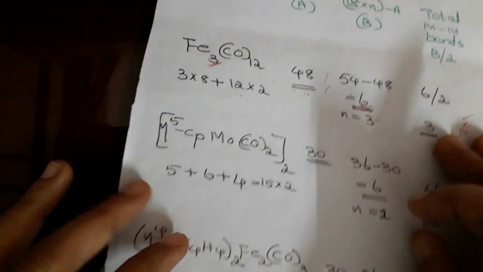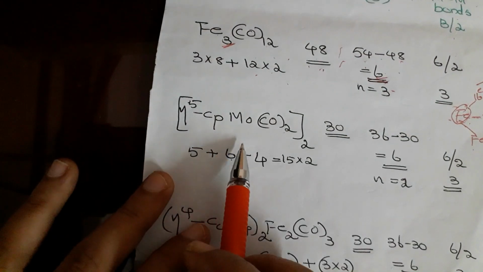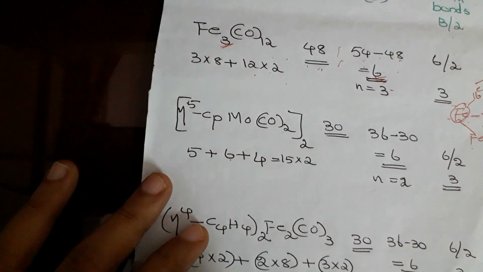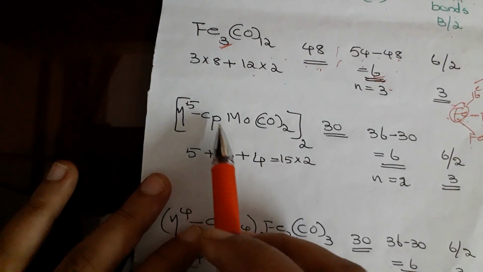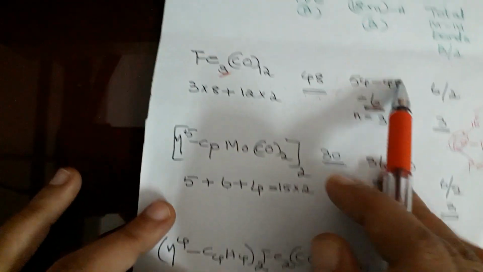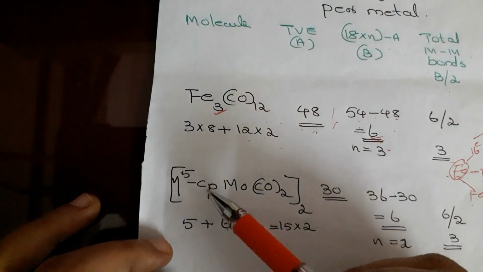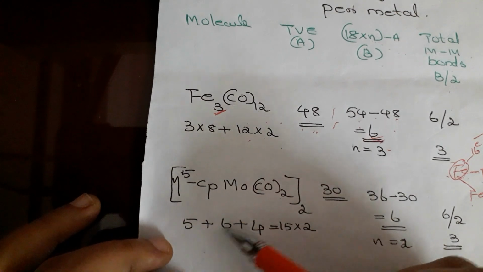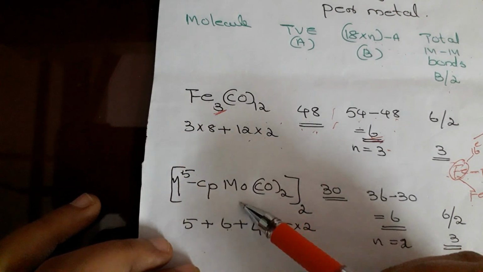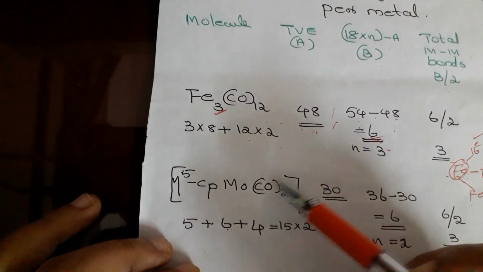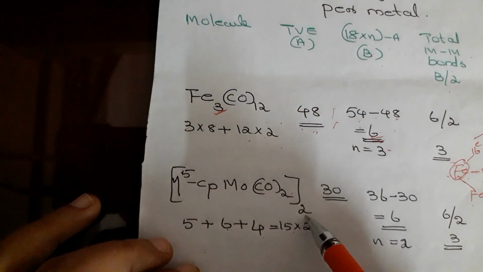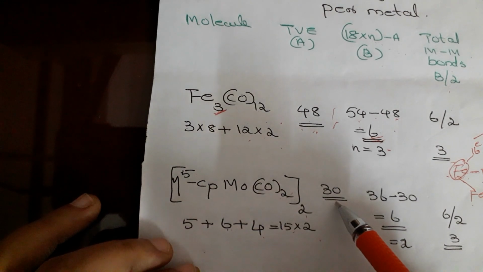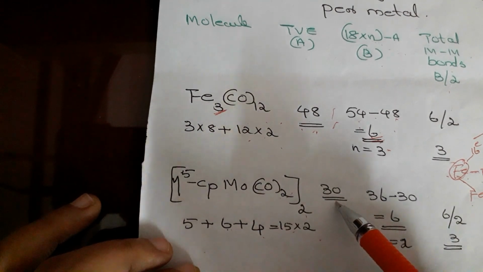Then another example, (η5-Cp)Mo(CO)3 taken twice. First you calculate A, the total valence electrons. η5-Cp gives 5, Mo gives 6, then CO three times is 3 into 2, so we get 15 for each unit, and 15 into 2 is 30. Total valence electrons is 30.